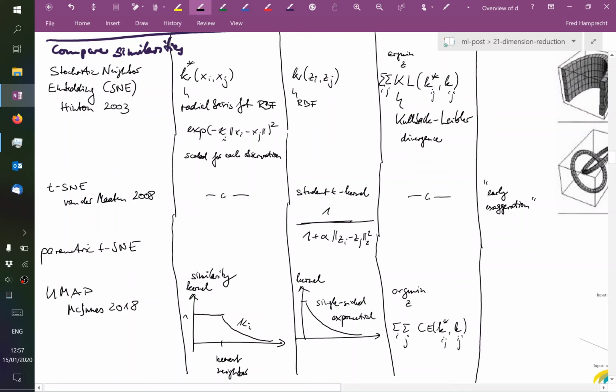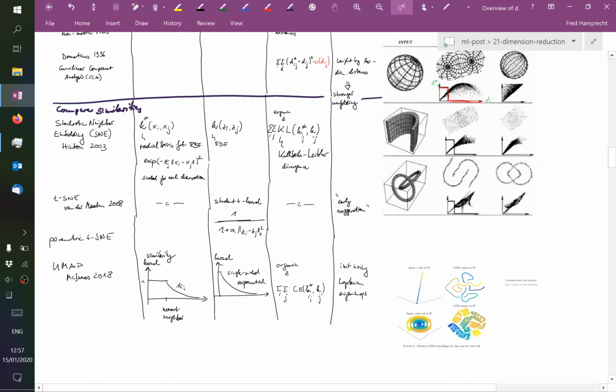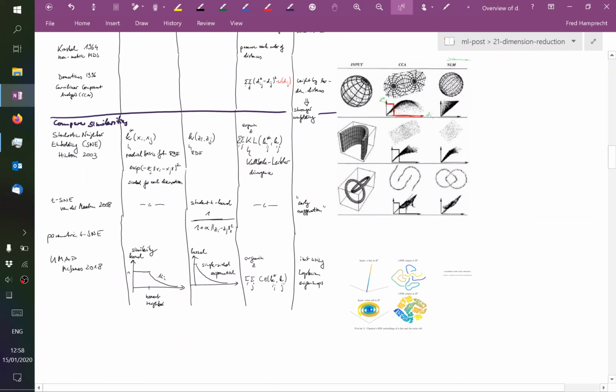They don't initialize randomly, but they initialize using Laplacian eigenmaps, one of the methods that I won't have time to introduce today. And let's see if I have a pretty picture somewhere.